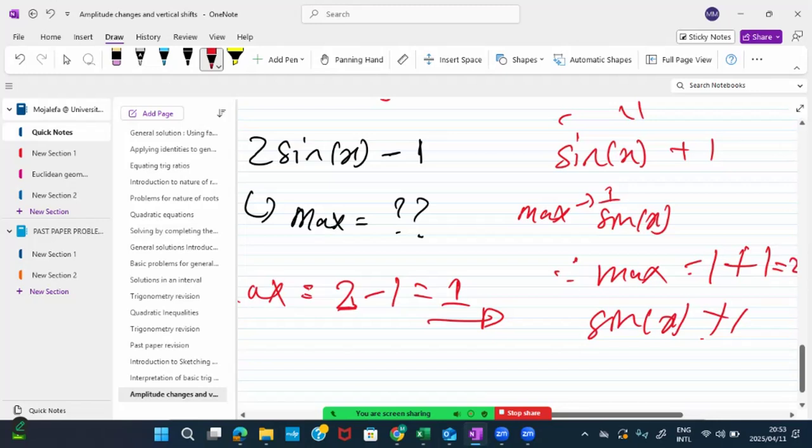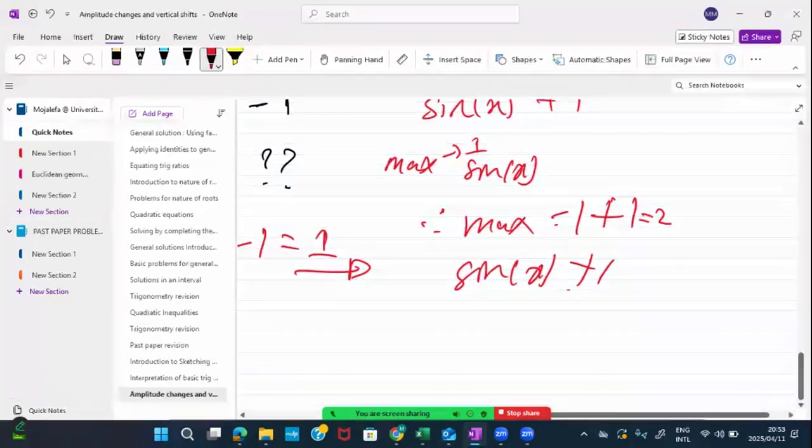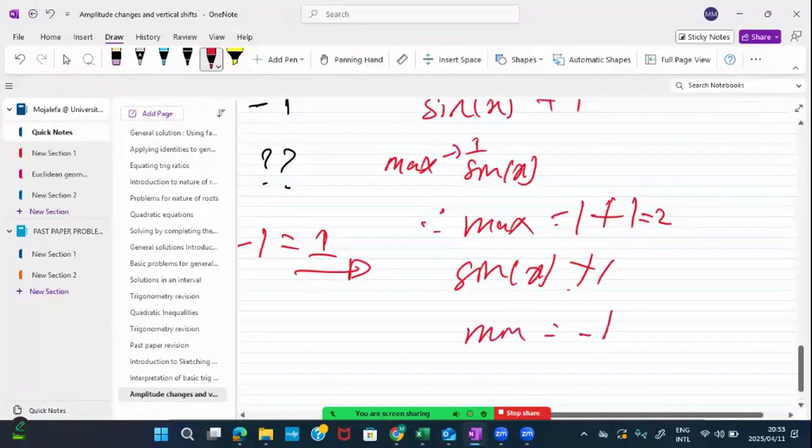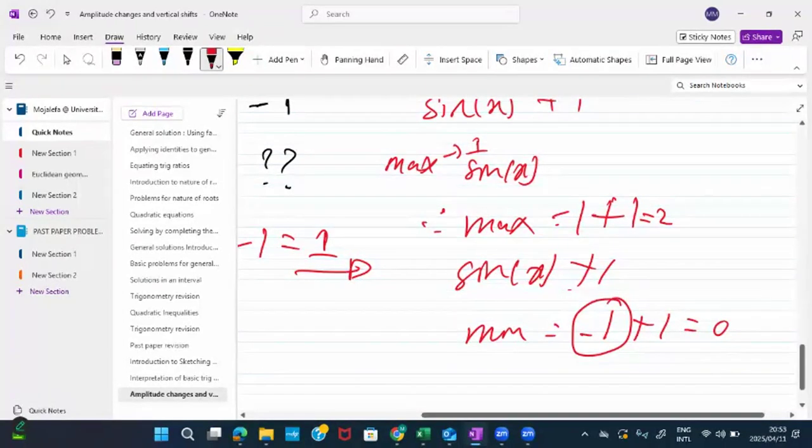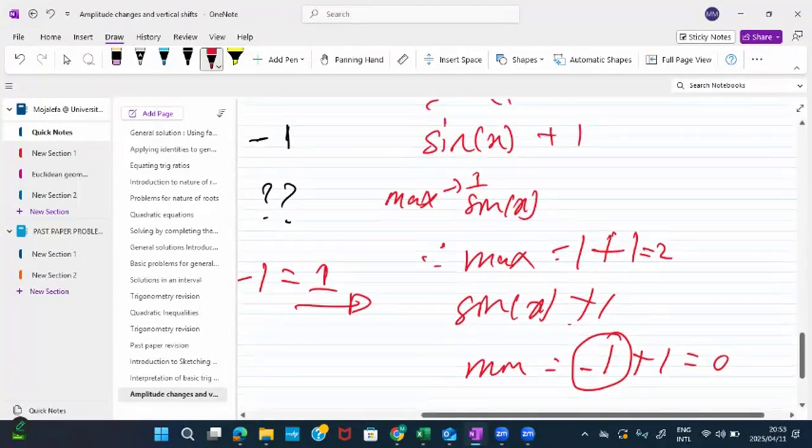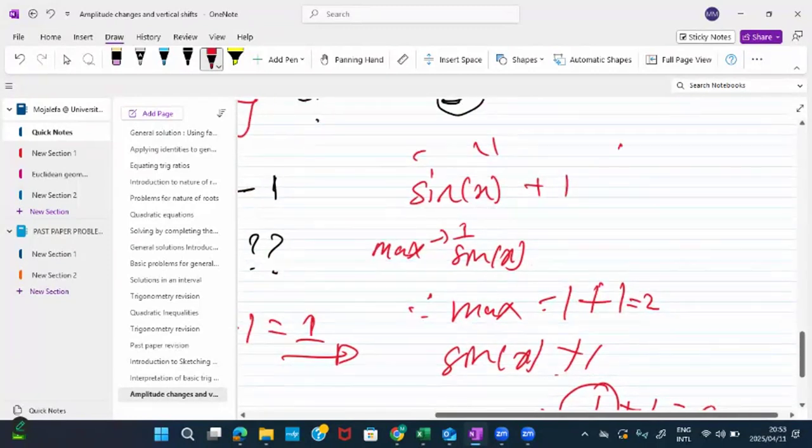But what is gonna be the min? The min is gonna be -1 plus 1, because remember the minimum of the basic sine function is -1. Then we add 1 to it, it's gonna give us 0. So the graph of sine x plus 1 ranges between 0 and 2.